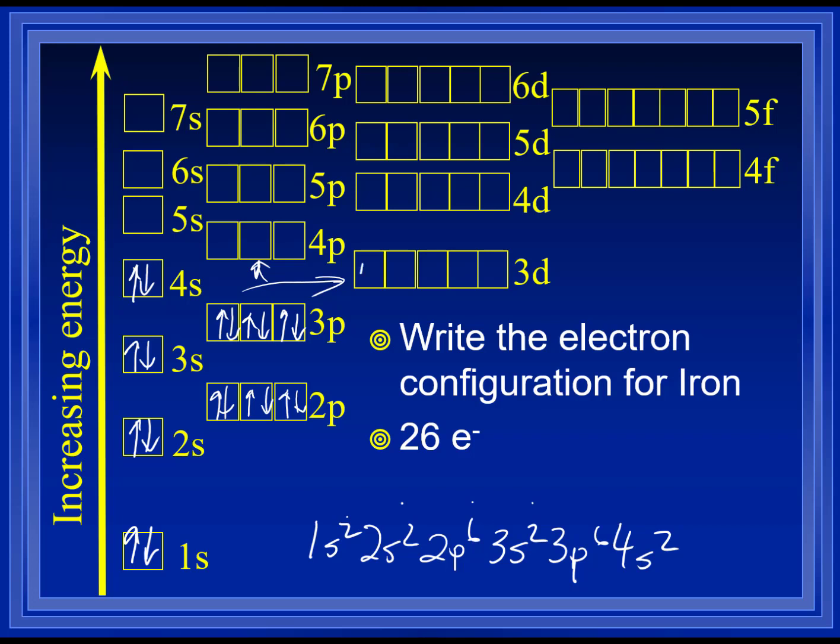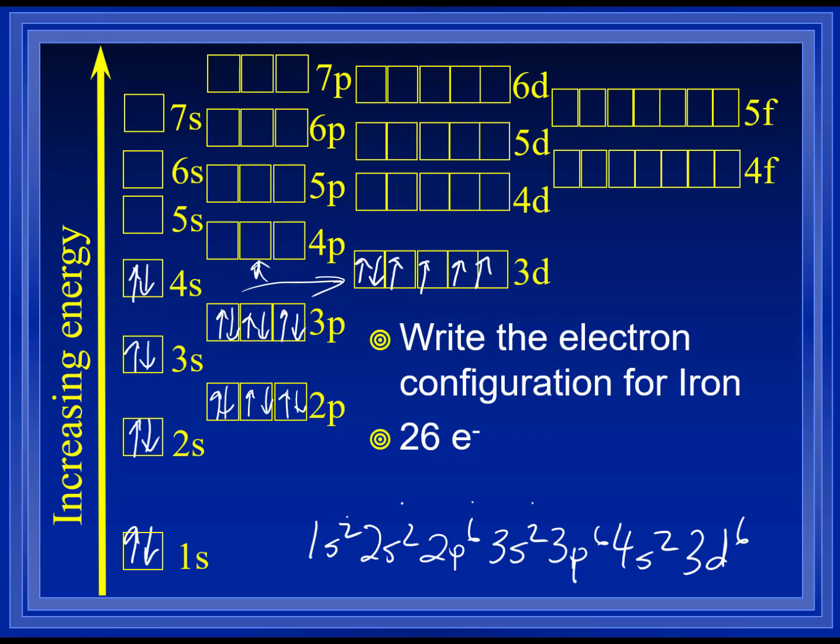So that would be 1, 2, 3, 4, 5, 6. So that would be 3d6. So as long as you got the diagram, you're just working your way up. Does that make sense? Work your way up.